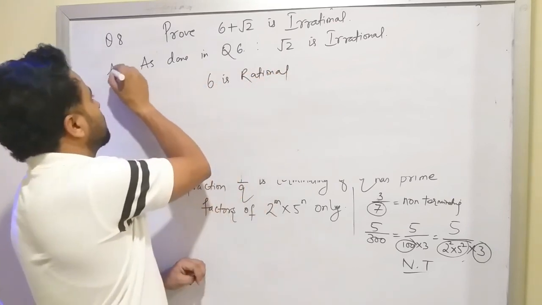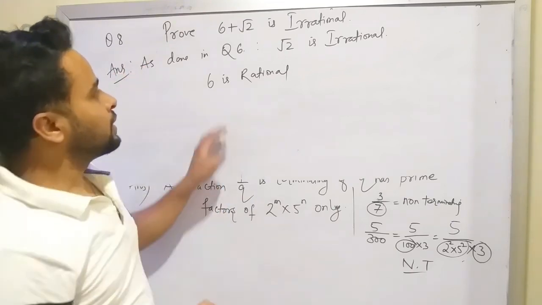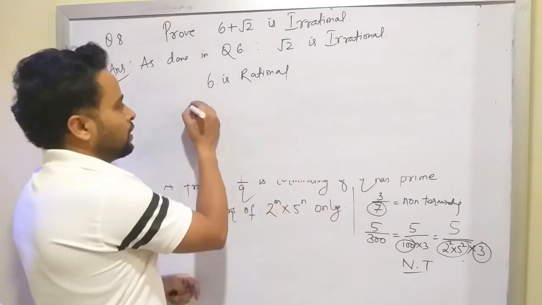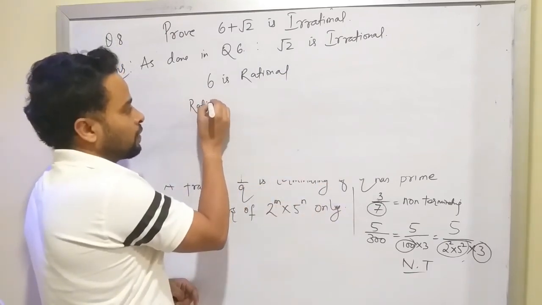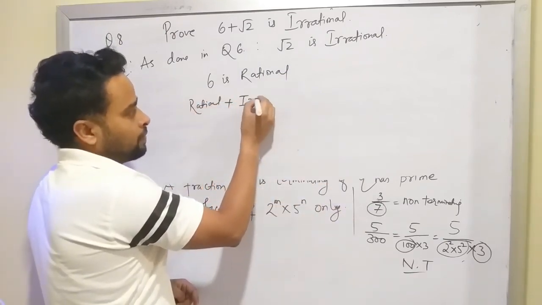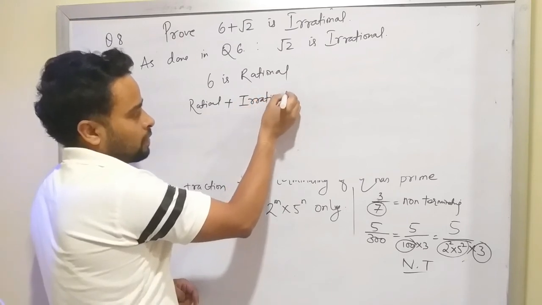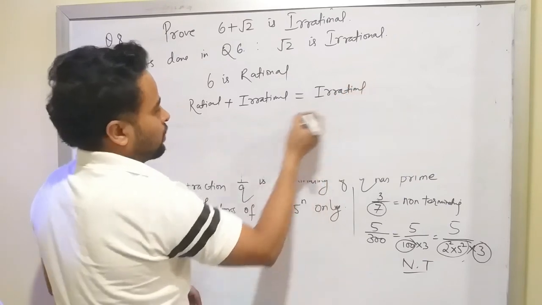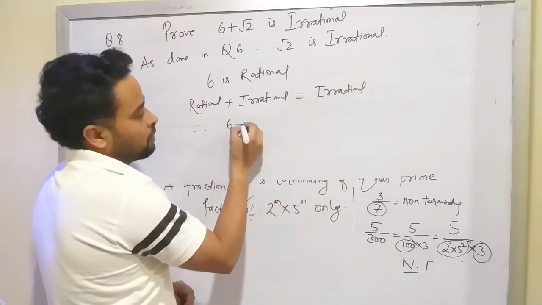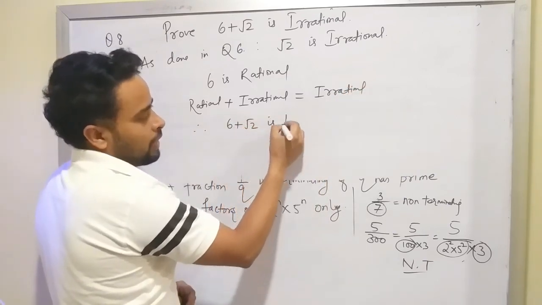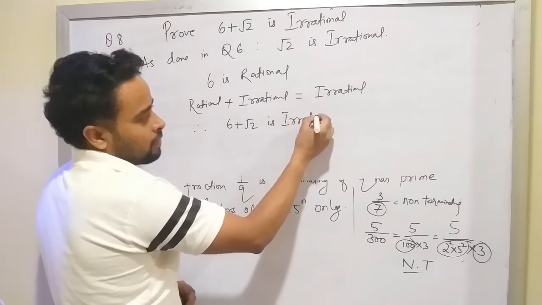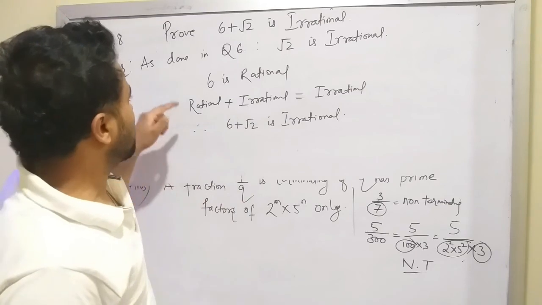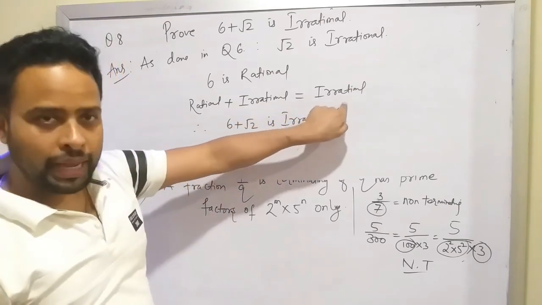In the answer, 6 is rational, root 2 is irrational, rational plus irrational is irrational. Therefore, 6 plus root 2 is irrational. In the series we have proved that rational plus irrational is irrational.